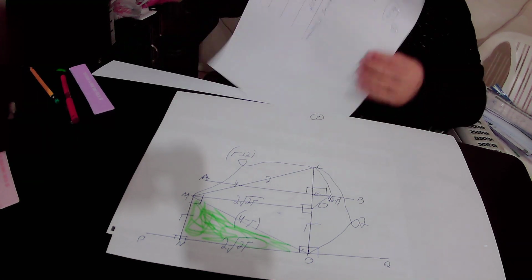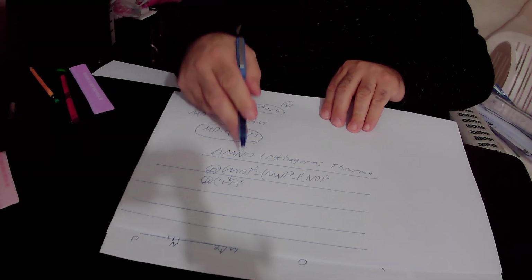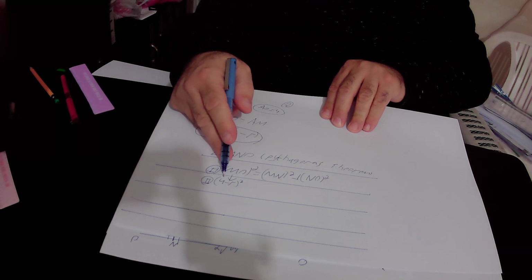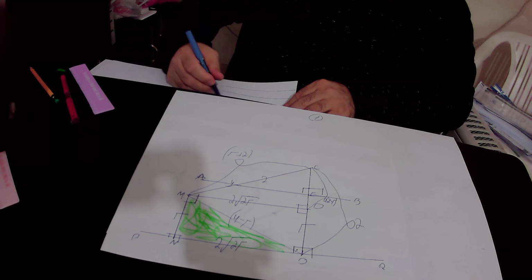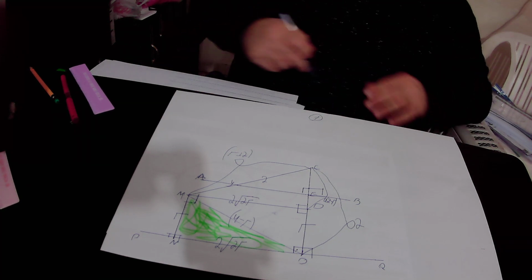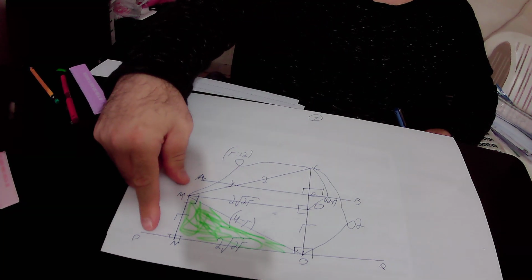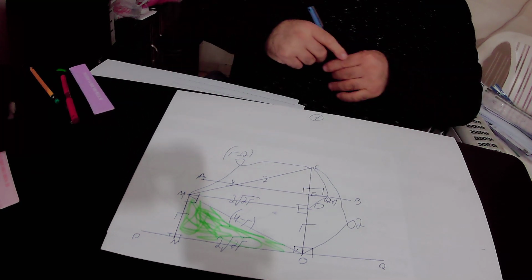So MO squared equals (4 minus R) squared, and it equals MN squared plus NO squared. MN equals R, so MN squared will be equal to R squared.